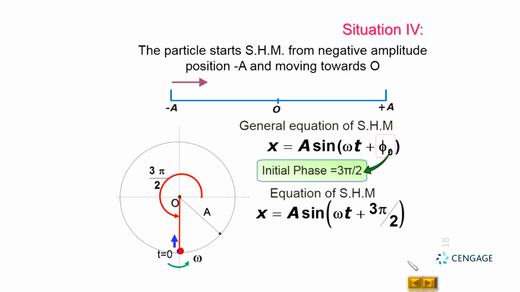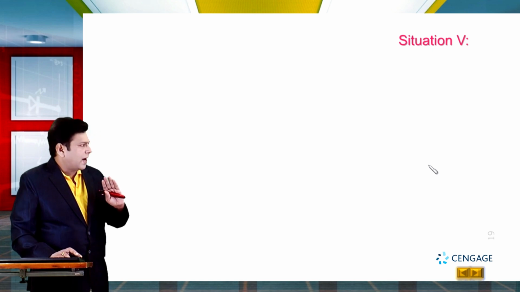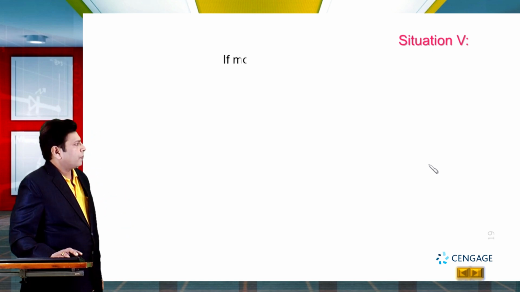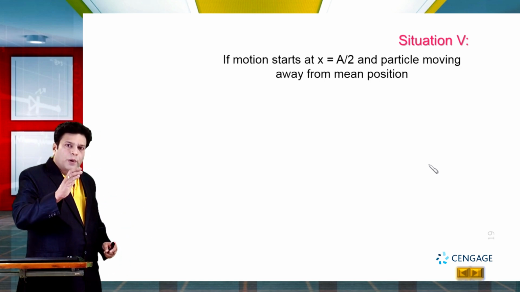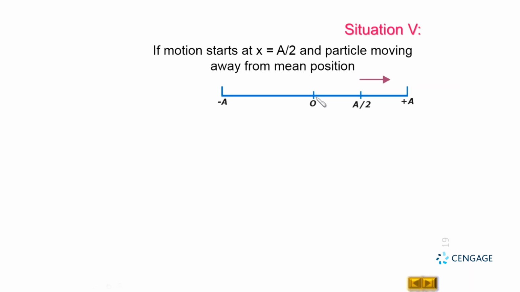Now let us take one more situation, situation number 5. In this situation, the particle starts at x equal to A by 2 and is moving toward the plus A direction, away from the mean position, like this. So here we need to draw a circle again of radius capital A. Now we need to mark the position of the oscillating point on the vertical diameter first.